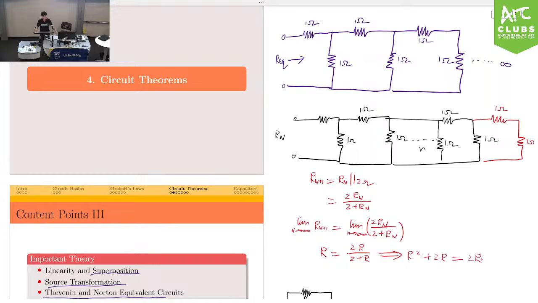Wait, sorry, I made a silly mistake somewhere. I heard someone say the answer should theoretically be the golden ratio if you have calculated the limit correctly. Sorry about the silly mistake.